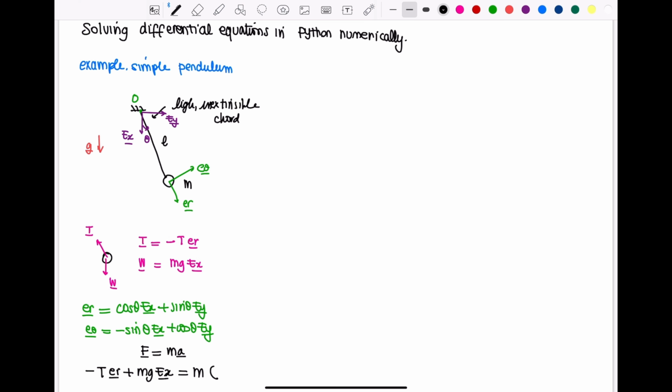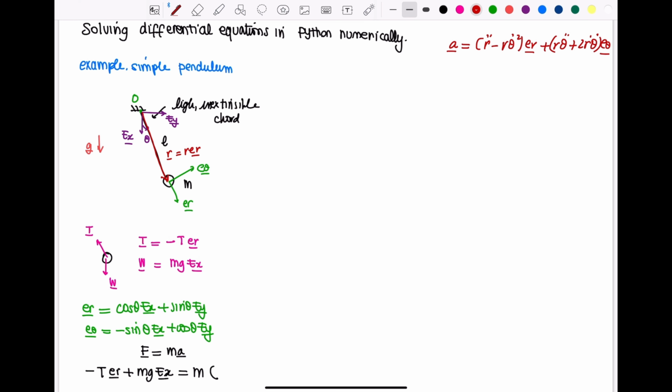In general in polar coordinates, the expression for the acceleration is a equals (r double dot minus r theta dot squared) E_r plus (r theta double dot plus 2 r dot theta dot) E theta, where r is the length of the position vector from the origin to the particle.